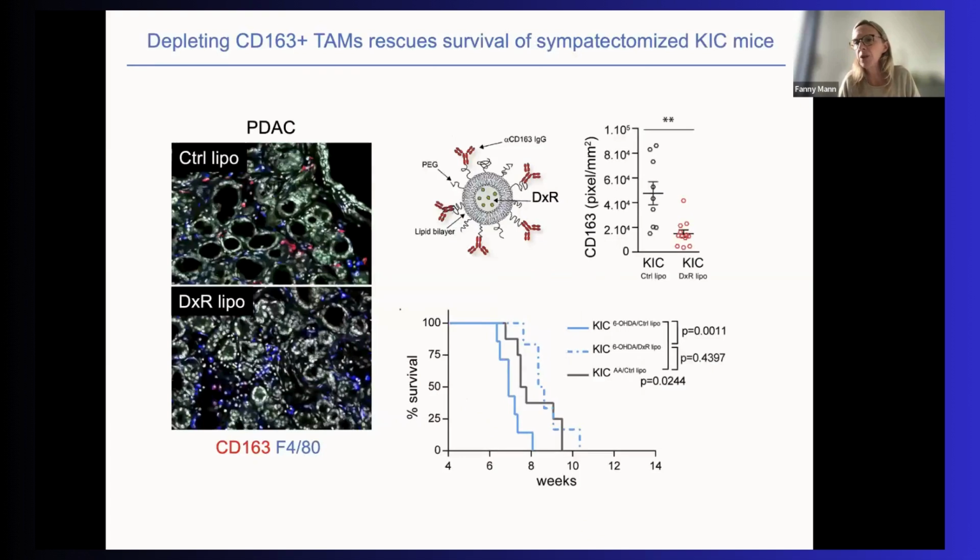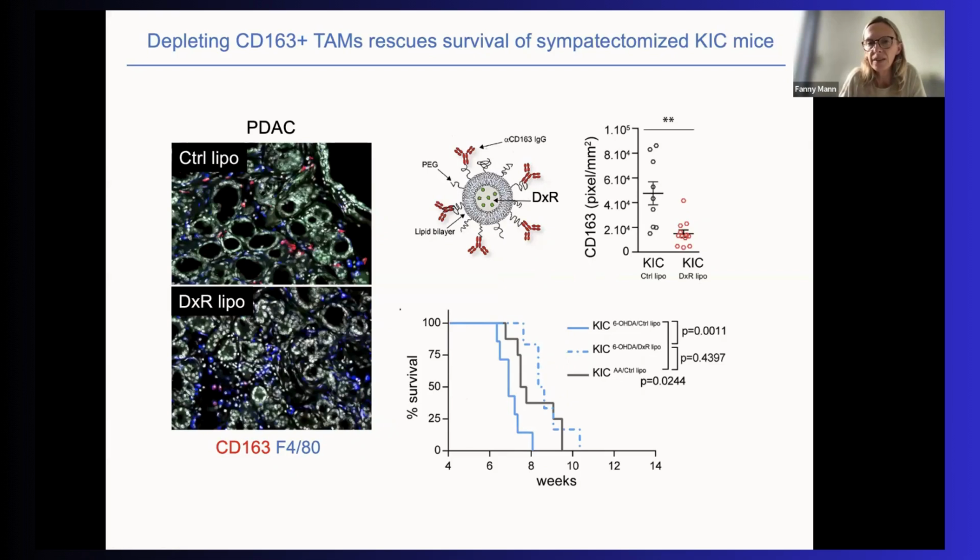And finally, we wanted to know whether this increase in CD163 positive macrophages was directly responsible for the poor outcome of the sympathectomized KIC mice. So to answer this question, we used nanolipids loaded with doxorubicin and vectorized with anti-CD163 antibodies.